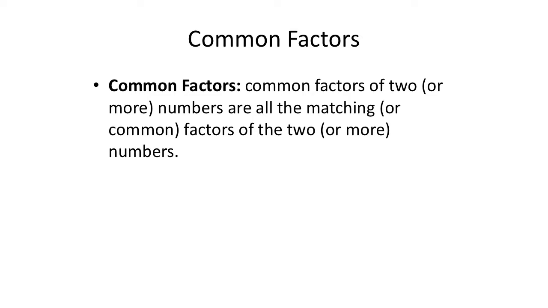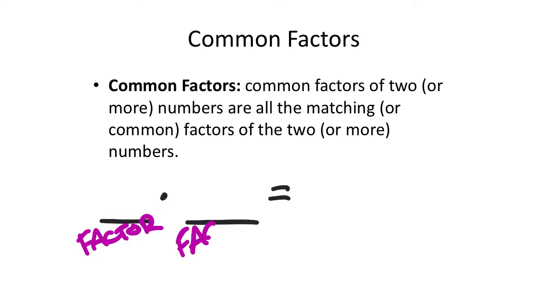So do remember from when we went over multiplication, the two values that are being multiplied are factors, okay? So this would be a factor here, and this would be a factor here. And then the answer from the multiplication is a product. Factor times factor is product.